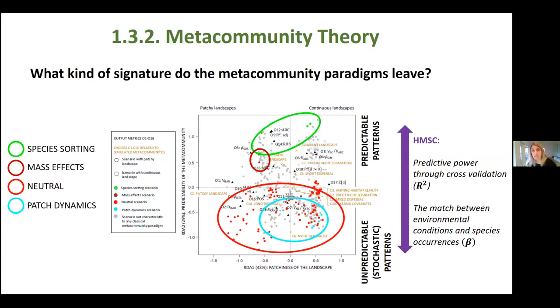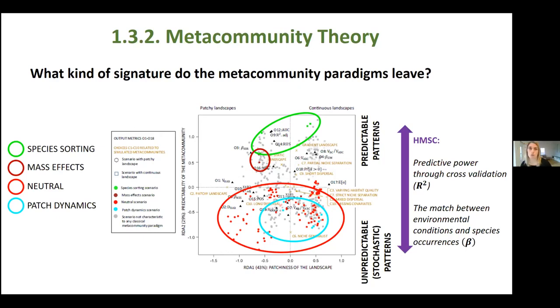And with HMSC, we can calculate the predictive power through cross-validation, as Otso will explain in the next lectures, so that the species sorting and mass effects scenarios created more predictable patterns. We had a higher predictive power than we had with the neutral and patch dynamics scenarios.